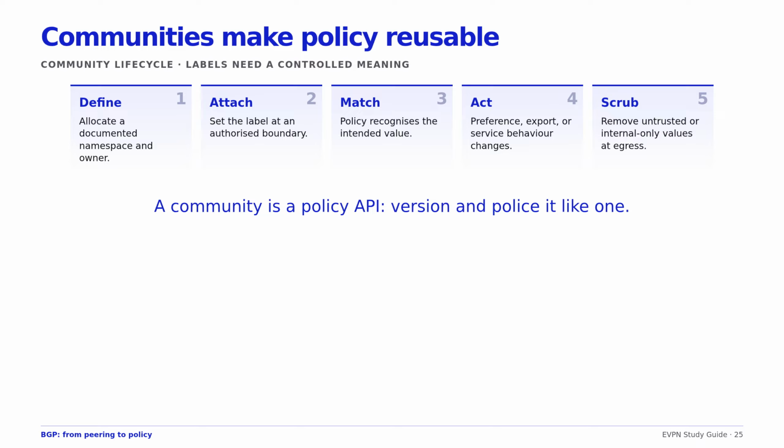Operators also define relationship labels such as customer, peer, or backup, and provider-specific communities for traffic engineering. The label has no inherent action, except where a documented policy interprets it. Safe use, therefore, needs a namespace, an owner, allowed ingress sources, an action, propagation rules, and sanitization at trust boundaries. A community without that contract is merely metadata that future policy may misread.